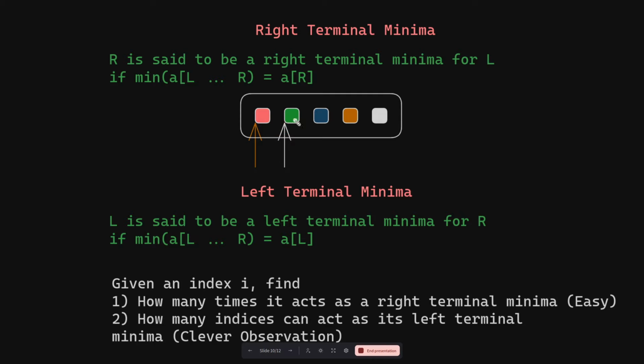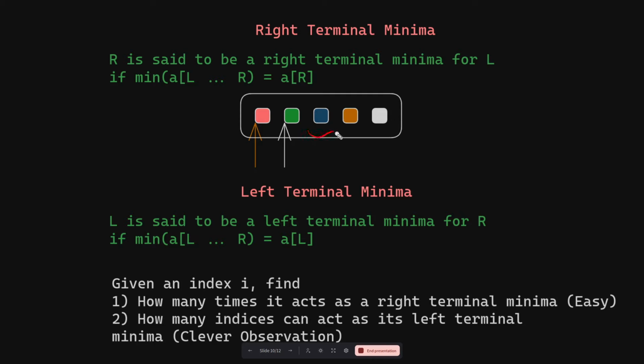So it means that the green element is the first element to the left of the white element that is smaller than the white element. Since it is smaller, the white element cannot be a minima anymore, right?